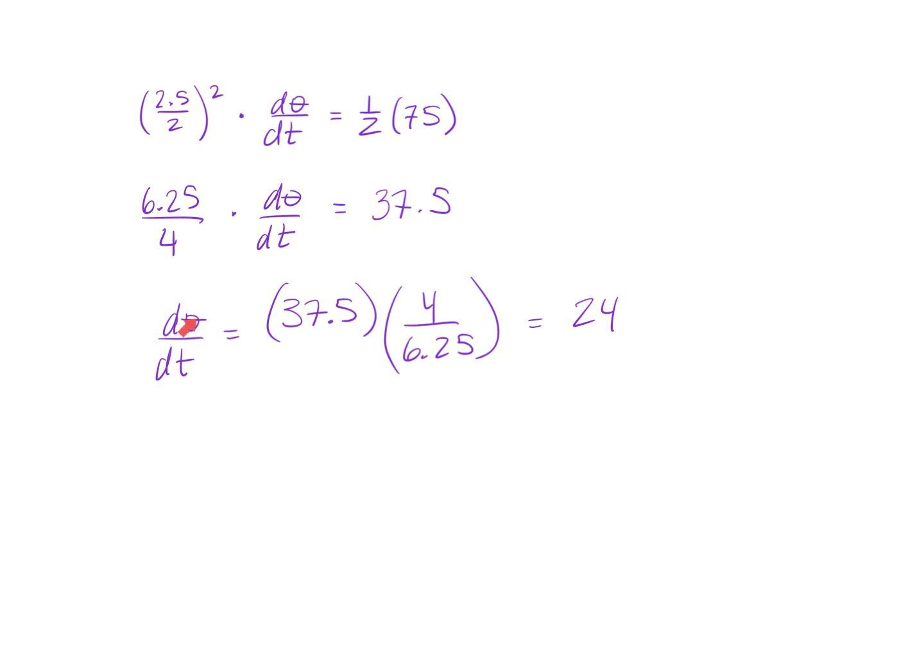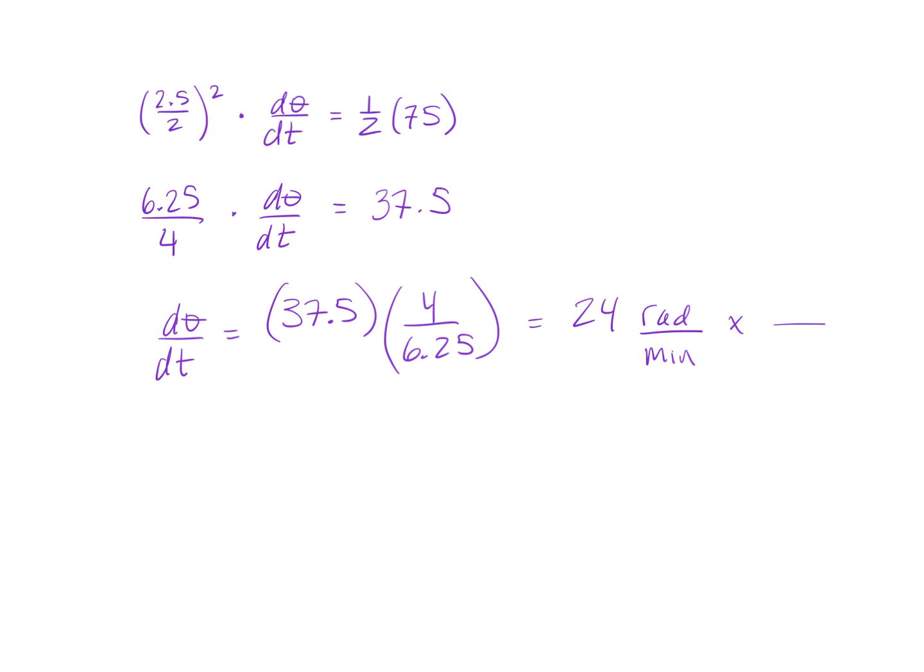And my units are going to be theta units over t units. My theta units are radians. My time units are minutes. They were given as in minutes earlier in this problem. But the question actually asked me how fast am I tilting the binoculars in radians per second. So I have to do a quick conversion by multiplying by a fancy form of 1.